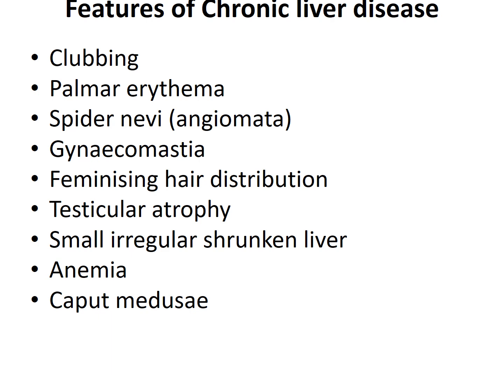And you may also get features of chronic liver disease if the cause of portal hypertension is chronic liver disease. So those features can be clubbing, palmar erythema, spider nevi, angiomata, gynecomastia, feminizing hair distribution, testicular atrophy, small irregular shrunken liver. You may get anemia and caput medusa.